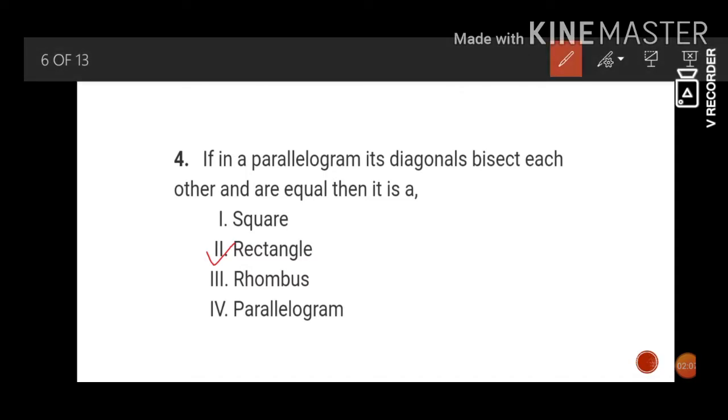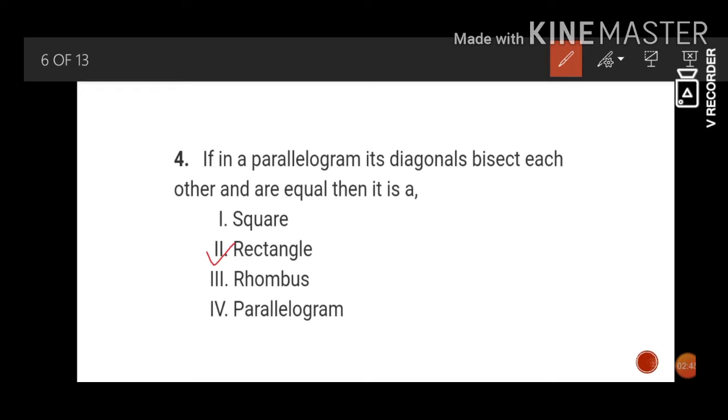Question number 4. In question number 4, it is asked: if a parallelogram's diagonals bisect each other and are equal, then it is what kind of quadrilateral? Is it a square, rectangle, rhombus, or parallelogram? Now, if we go through our NCERT book, page number 151, in the summary, we can see points number 5, 6, and 7. In these points, the diagonals of rectangle, rhombus, and square are given.